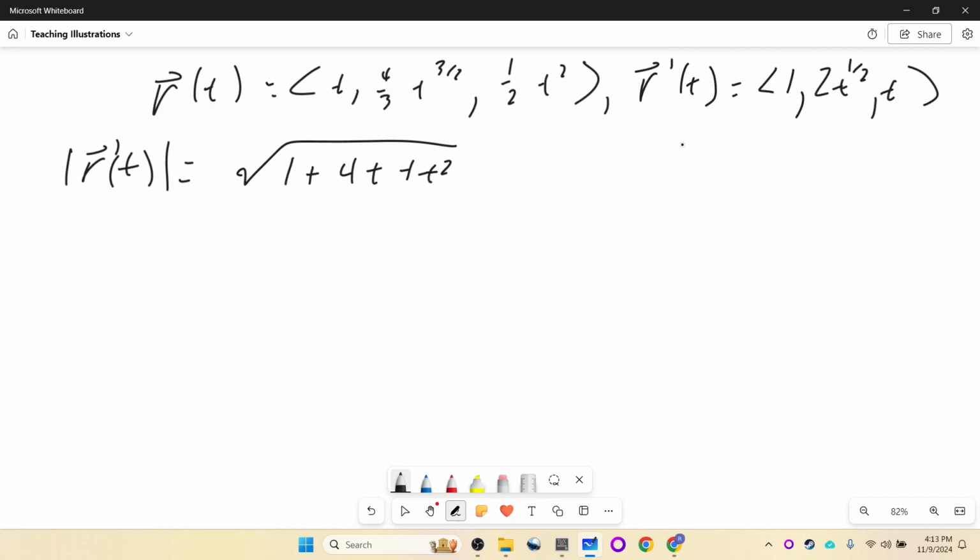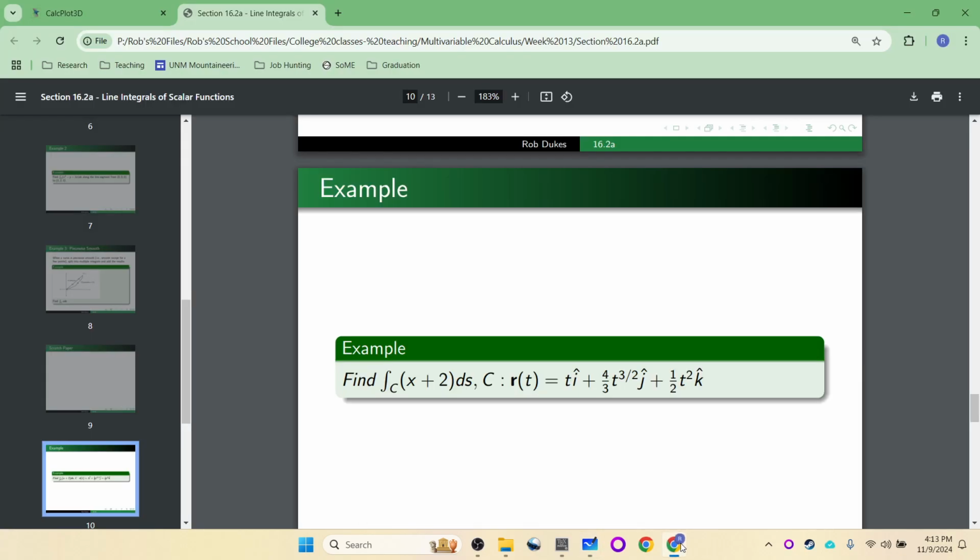So we're going to integrate the integral along C of x plus 2 ds, which would equal the integral, did we give bounds to this? Oh, 0 to 2. Did it say that? I need to add that in.